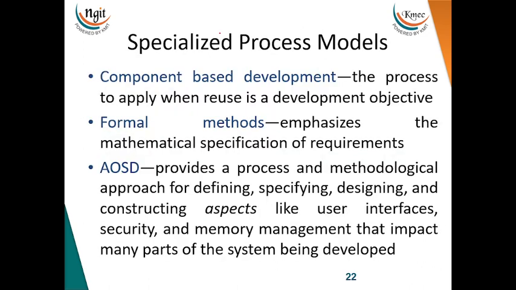Then the next part is the specialized process model. There is one more called the specialized process model. This is component based development. The process is applied when you reuse existing development objects. It means when you are using a software and you want to develop a new software by using some other product. Now A, I've already developed a software.